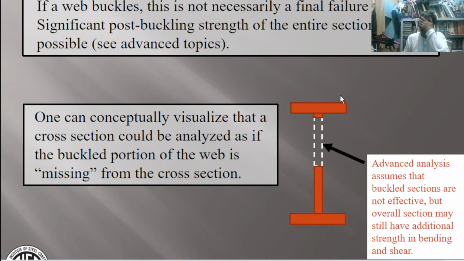But if you can imagine, there are W sections with webs which are perforated. So that is analyzed that way. It looks like perforated. The only difference is that you have to expect that the buckling is on the compression side.